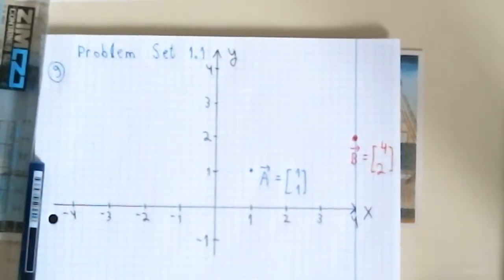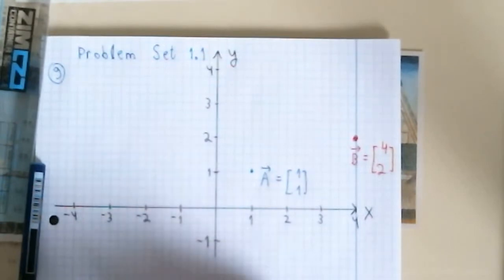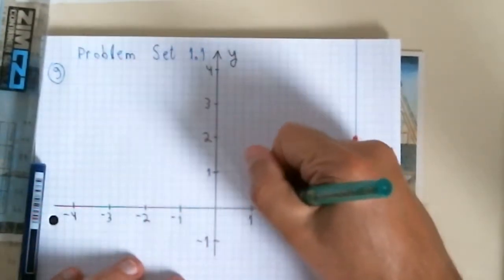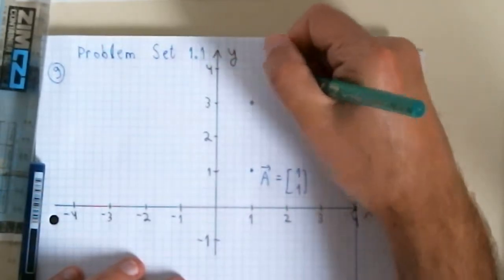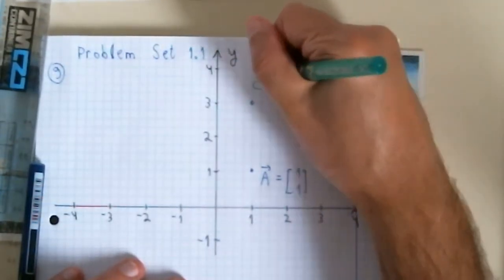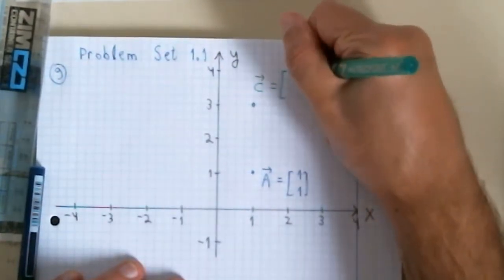And the third point that they give us is 1 to the right and 3 upwards, and it's point C, and it would be 1, 3.